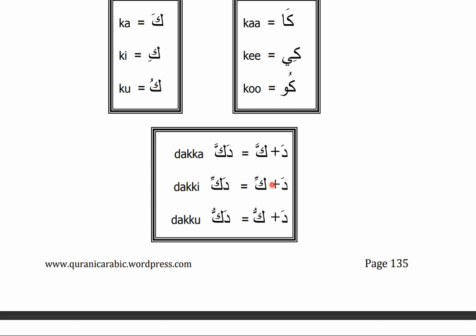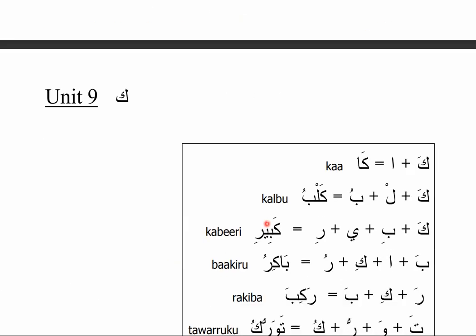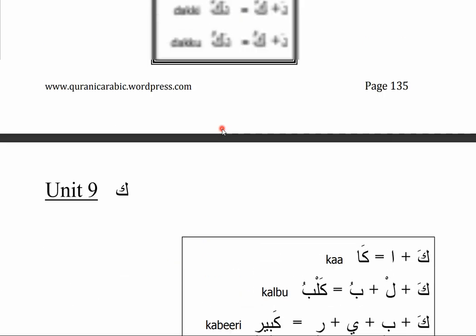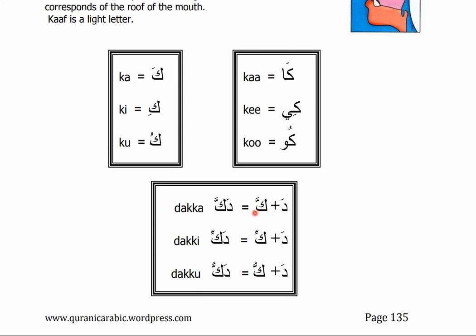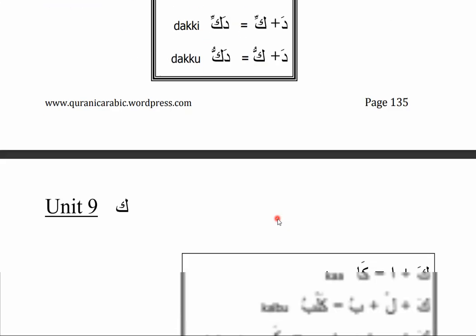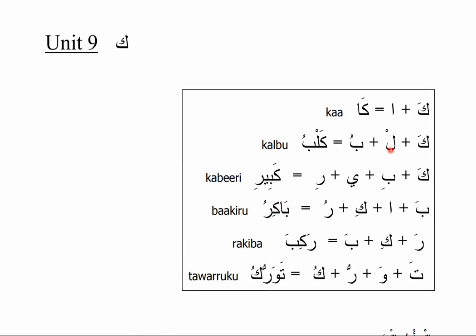Now you can see the kaf letter with the shadda and all the harakas here, like dakka, dakki and dakku. I'm not going to go into details as you have done all these things in all the previous units till the 7th, so I'll be going quickly with all these words.